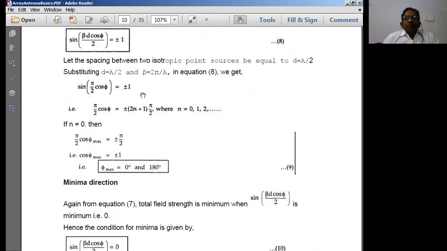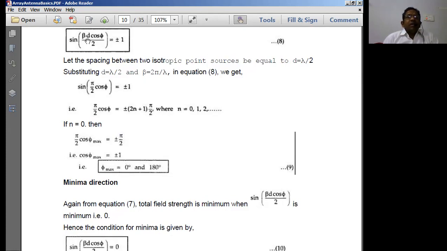And we know the expression for beta, that is the phase constant, 2 pi by lambda. So we have considered here 2 pi by lambda as beta. So simply substitute them here.